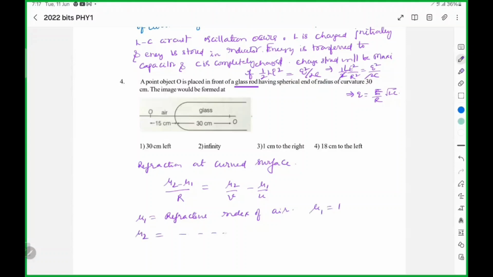Mu2 is the refractive index of glass, in which medium the ray is entering. So that is 1.5.